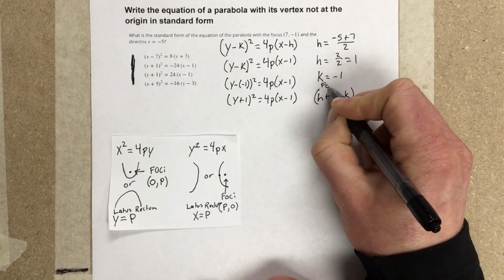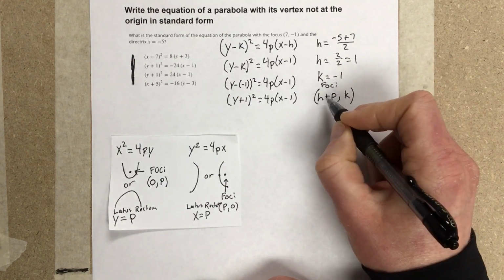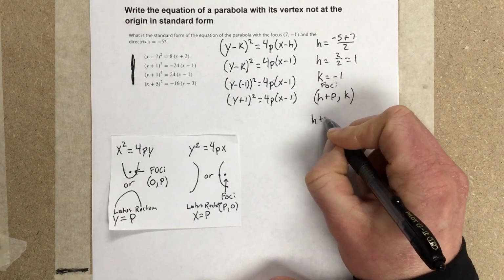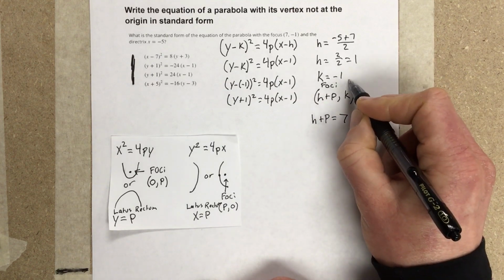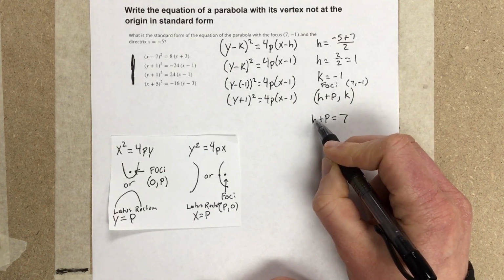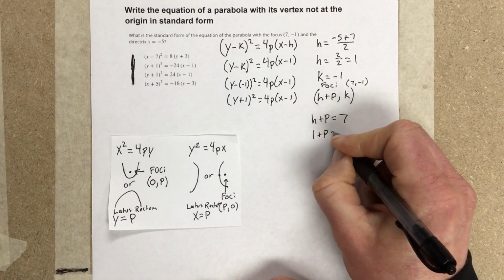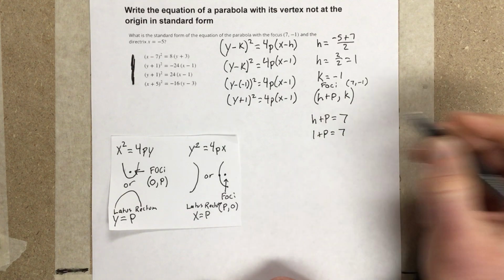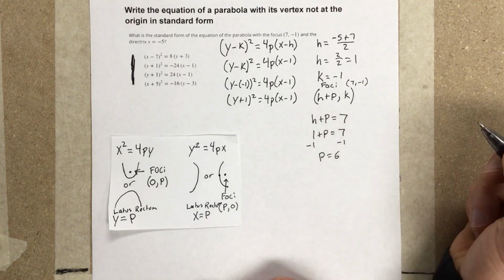So that means h plus p is equal to 7, because our focus is (7, -1). Now we know h already. We found h to be 1, so we have 1 plus p is equal to 7. If we subtract 1 on each side, we end up with p is equal to 6.